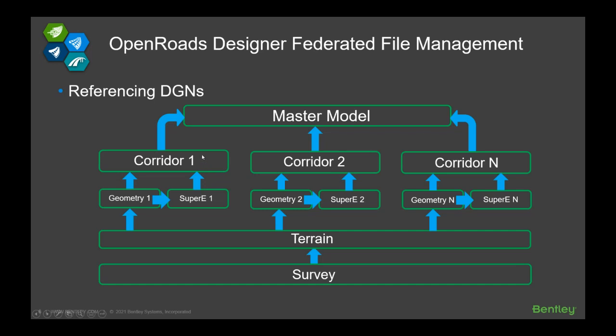So if you're done with your corridor model, which references the geometry, from where there's a SuperElevation file as well, and you reference the terrain, maybe the survey, then you have a master model that would probably be the repository of your final corridors, and maybe your drawing production.